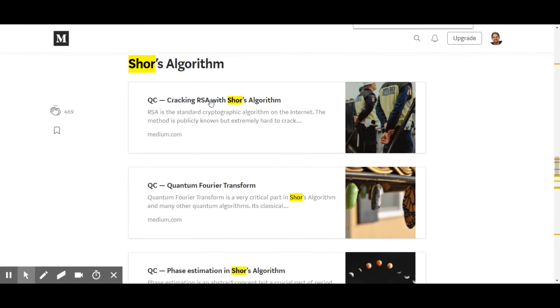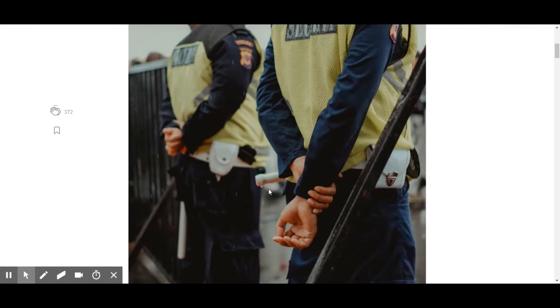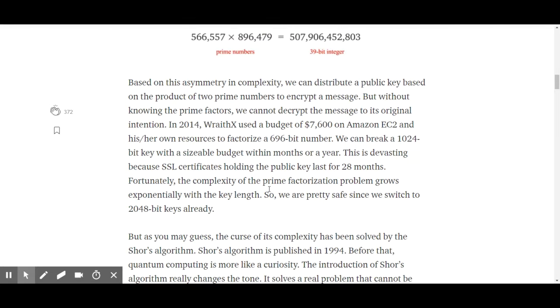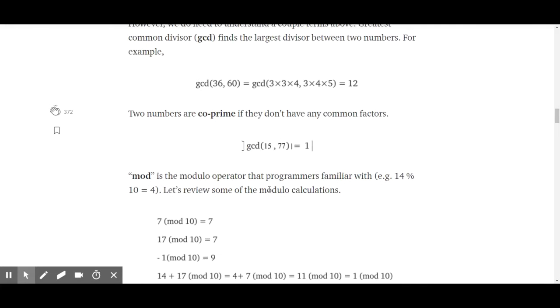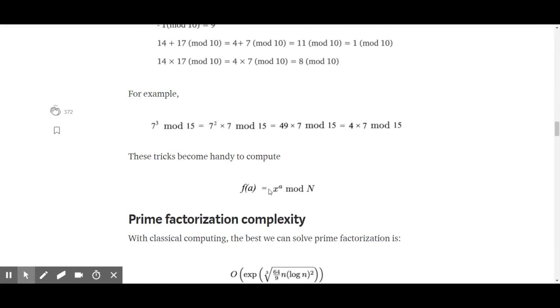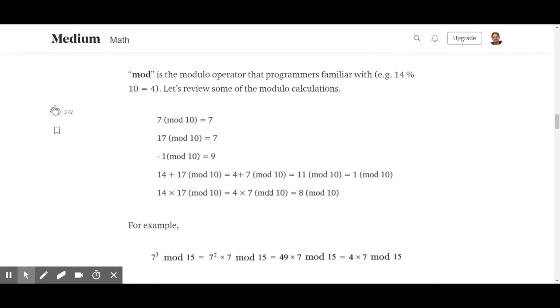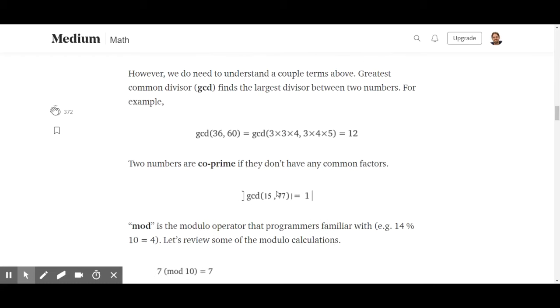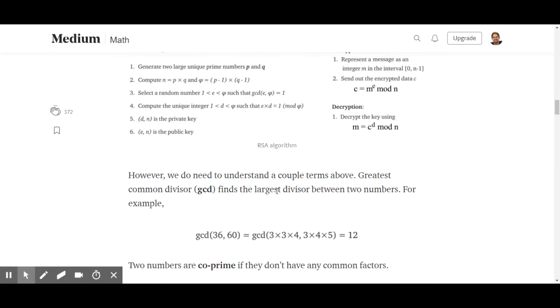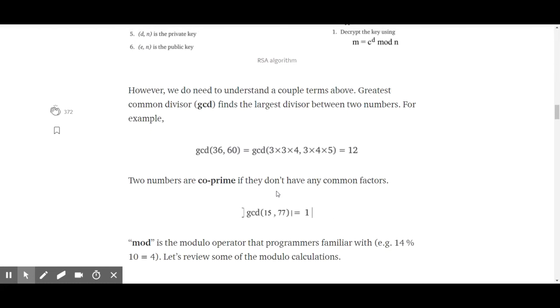I think it's either this one or this one. I think it's probably the first one, where they explain the RSA algorithm. And then, okay, here's the example of 15 as well.